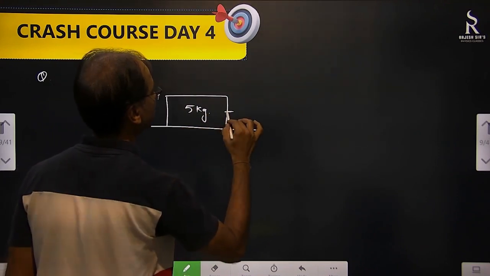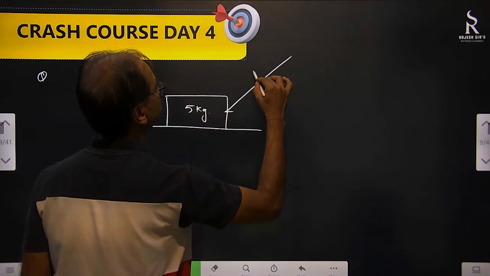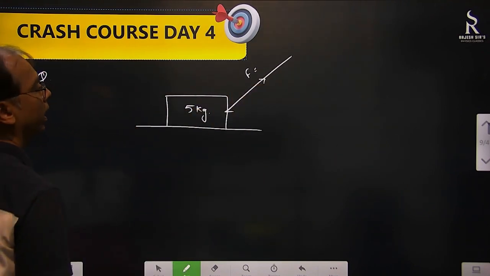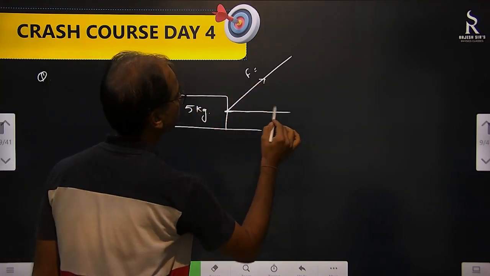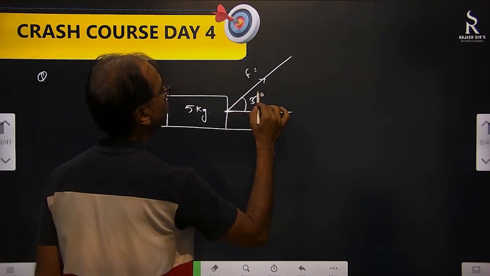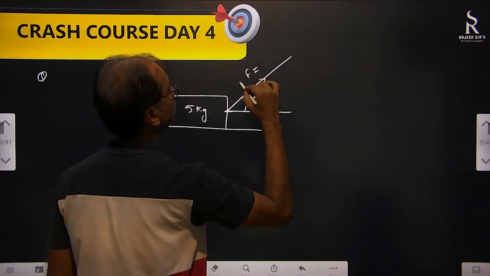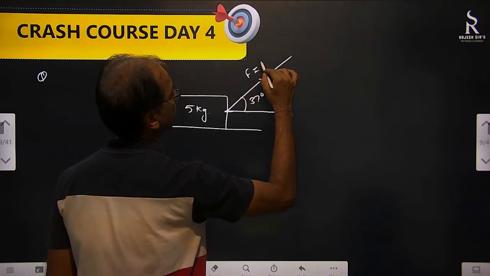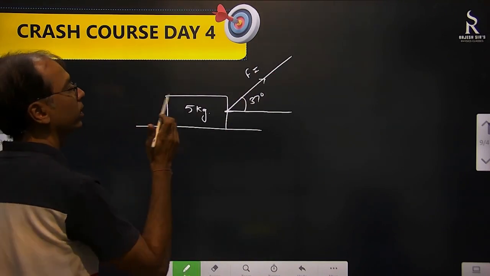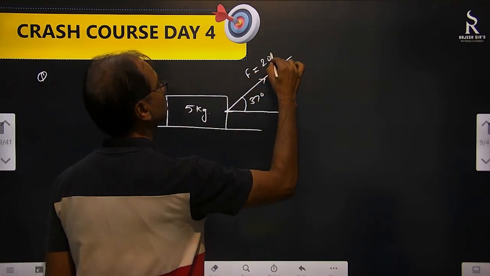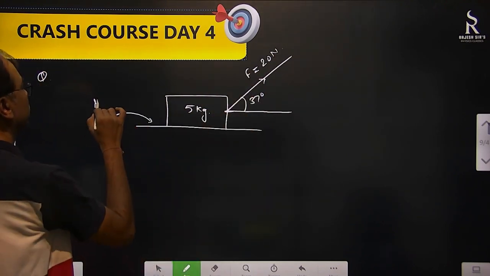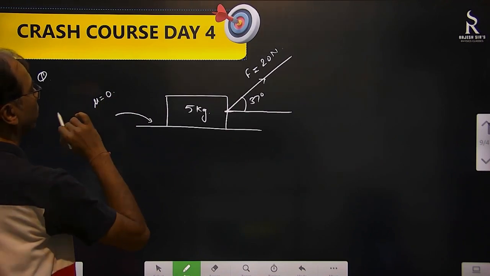This time the force we are applying like this, and this angle you take is 37 degrees, and this force, how much shall we take? 20 Newton we take. Coefficient of friction 0.2.